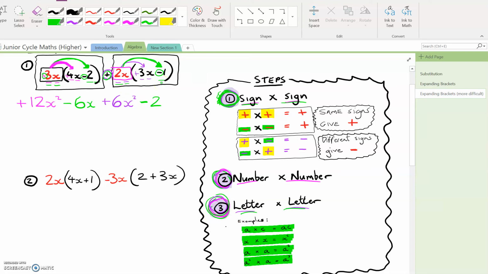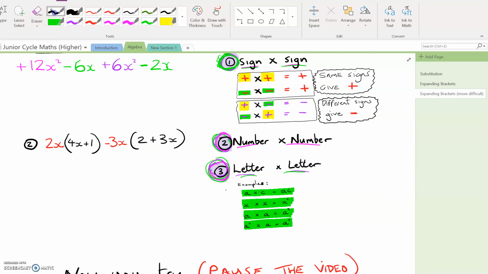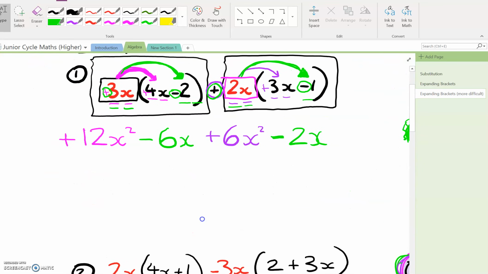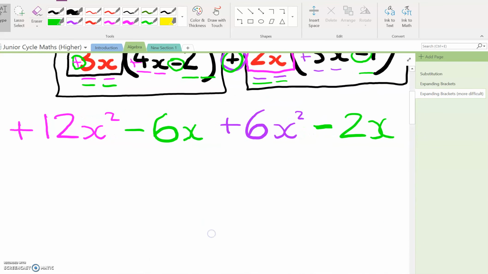Now for these more difficult questions, there's a final step. There's a final step to our questions. There's another step. So we have to write what it is in here. We have to call it step 4. Now, taking a look at what we've done already, can you guess what step 4 is?